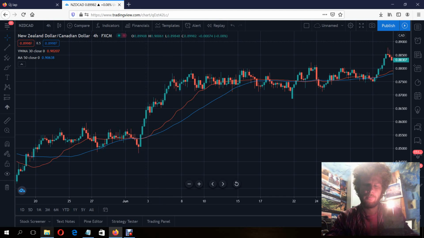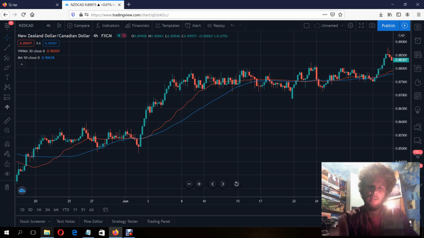First of all, I think that many of you just don't know about the volume weighted moving average, but volume weighted moving averages are much better for many situations than simple moving averages, so you should check them out.